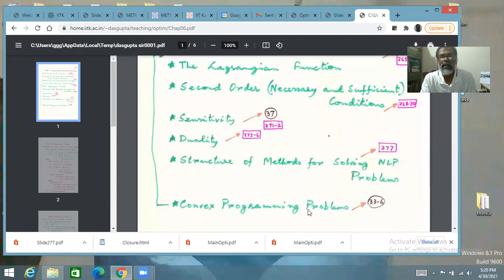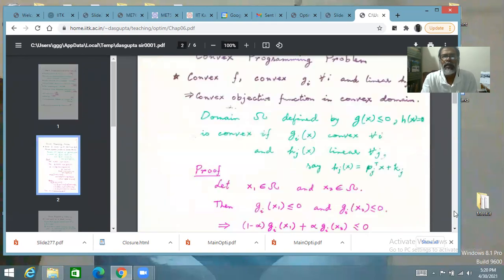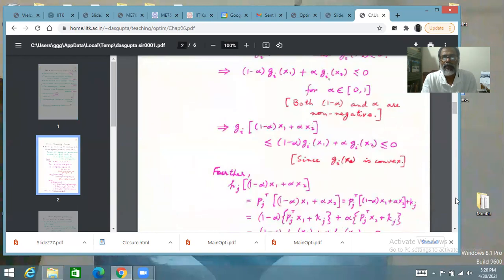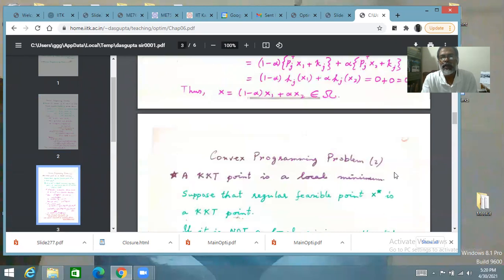Then the convex programming problem is in slides 33 to 36 of this current document. Okay, as you go in the current document down, you will find this is slide 33. This is 34 and so on. Okay, so like this it has been organized.